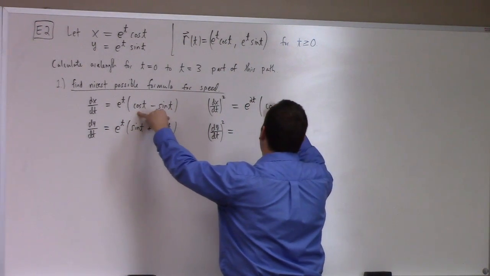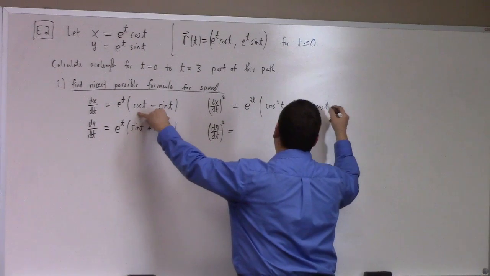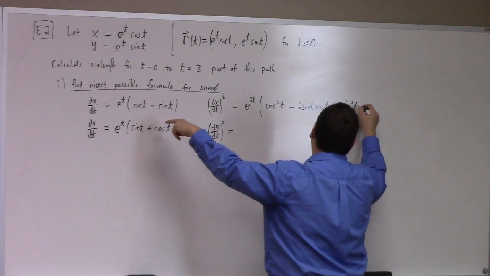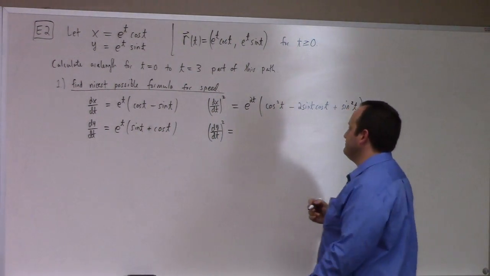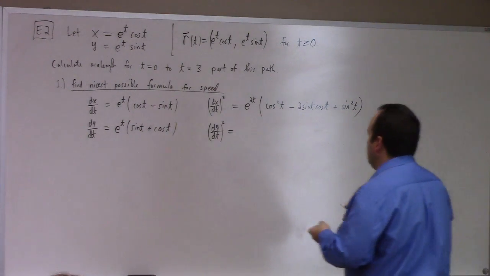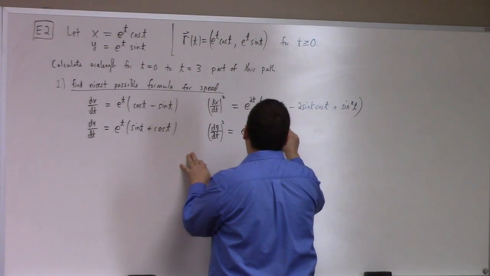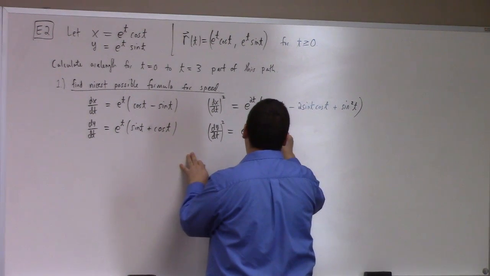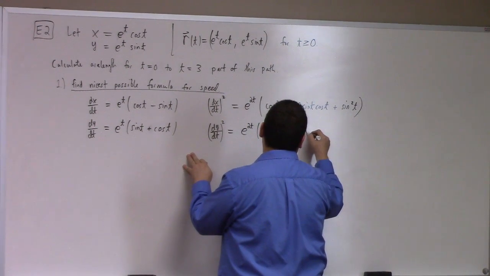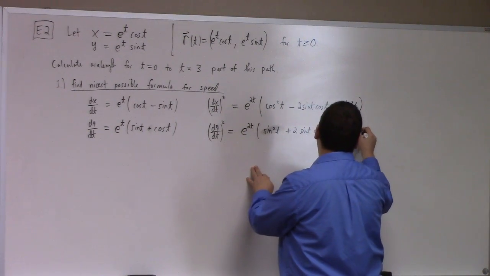And squaring this gives me cosine squared t minus 2 sine t cosine t plus sine squared t. This is what we should get from squaring the x velocity. Squaring the y velocity gives me e to the 2t, kind of the same thing. Oh, I'm sorry, sine squared t plus 2 sine t cosine t plus cosine squared t.